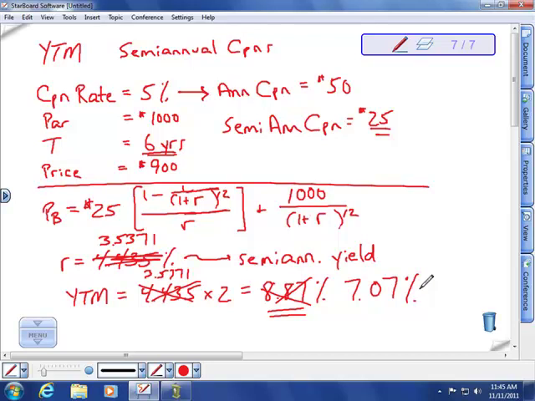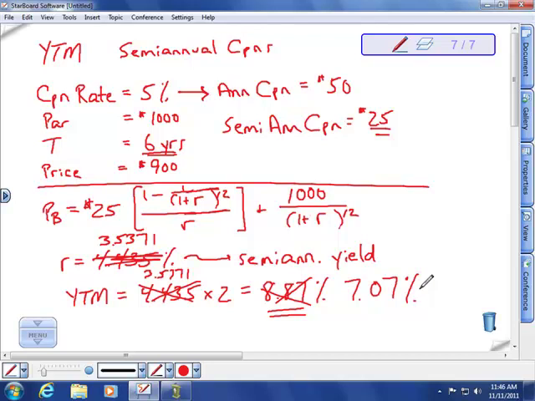Now, that's smaller than the annual one, using the annual rates, 5%. The IRR for the annual one is higher than the IRR for the semi-annual one.